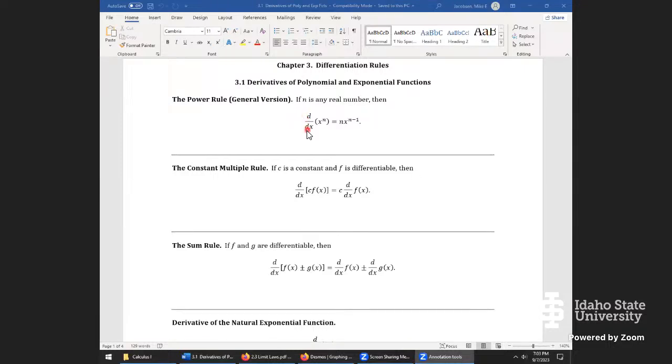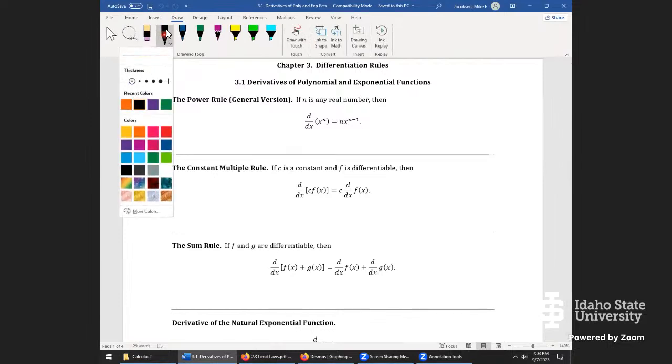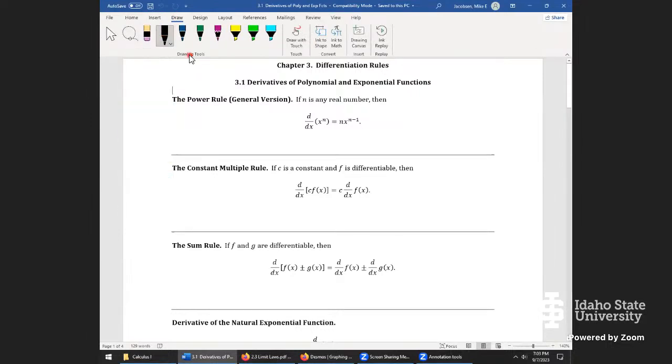First thing that looks weird is this d by dx. That's just our differentiation operator. And it's saying differentiate x to the power of n, and that's your result. I want to write this formula out one more time. If you were to write this in Newton's prime notation, it would look like this. X to the power of n prime is saying differentiate it.